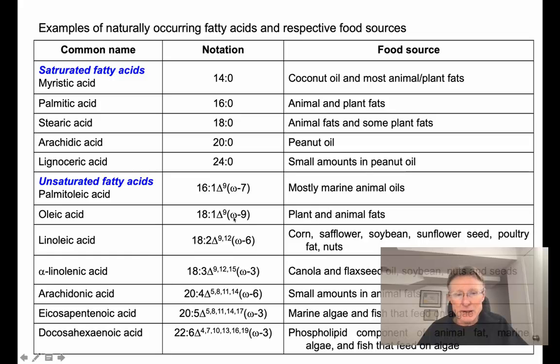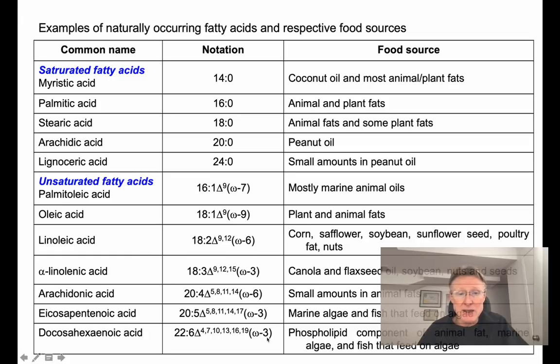And then you have omega-6, like linoleic acid we spoke about before, alpha-linolenic, omega-3, arachidonic, omega-6, eicosapentaenoic, omega-3, and docosahexaenoic, also omega-3.